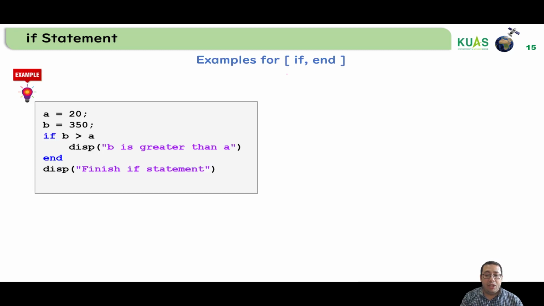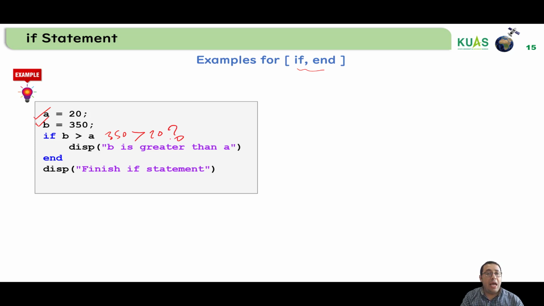This example is for if end. Say A equals 20 and B equals 350. The question is: if B is greater than A. B is equal to 350 and A is equal to 20, so 350 is bigger than 20.